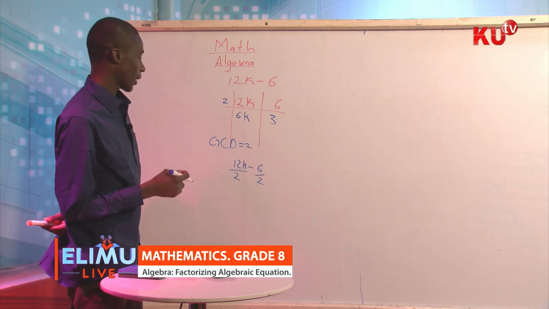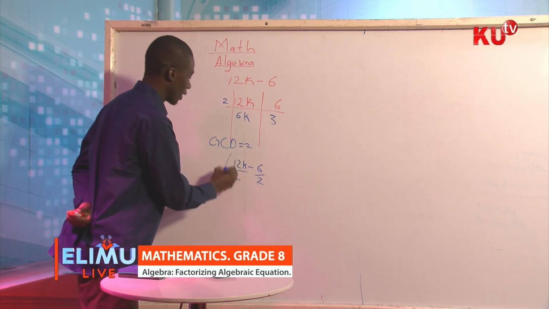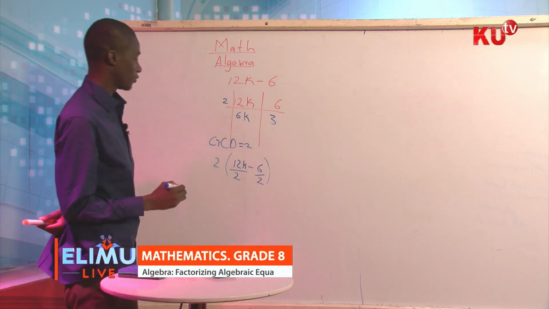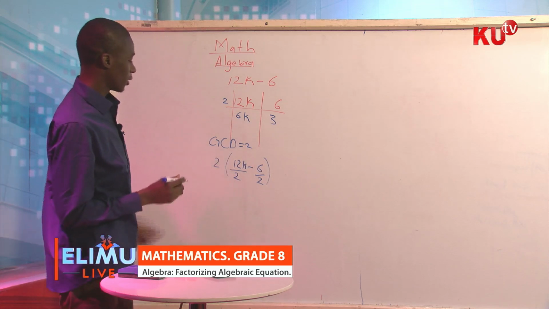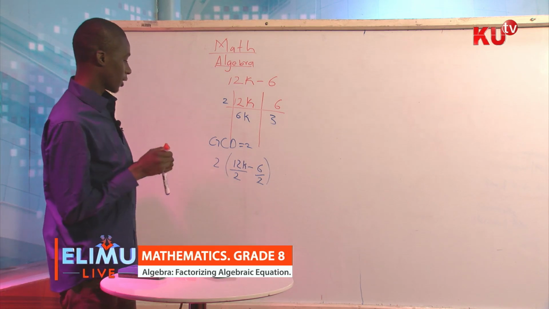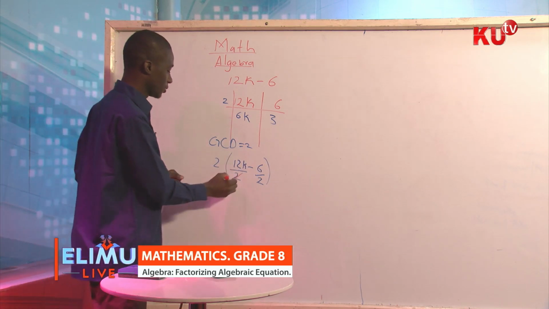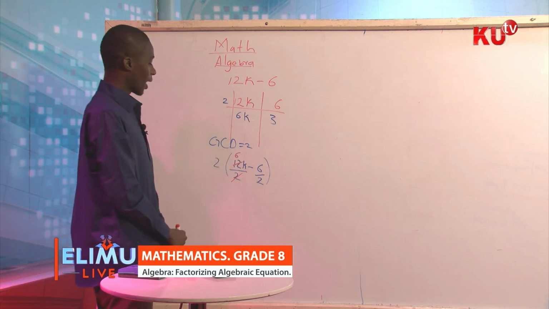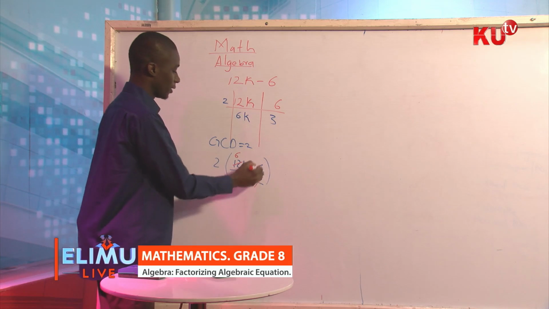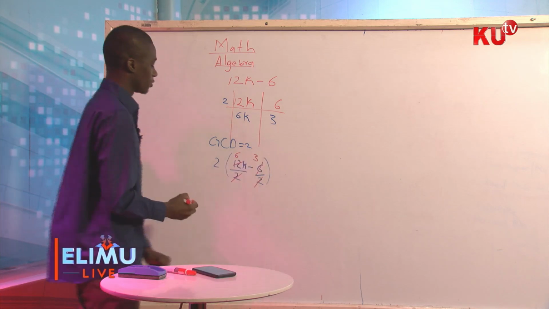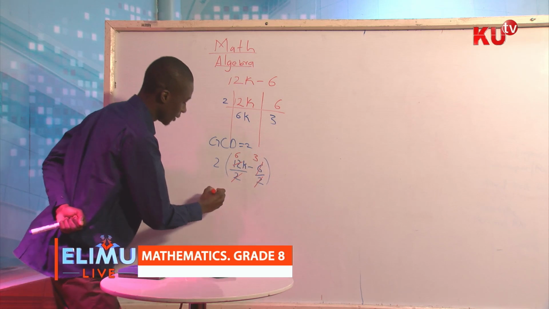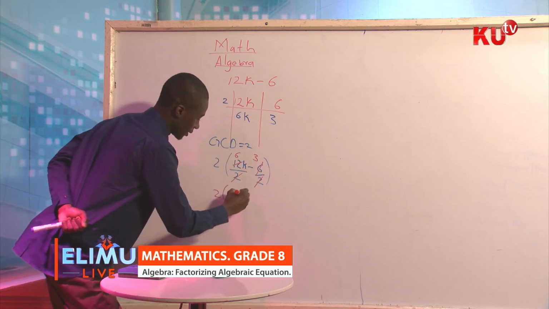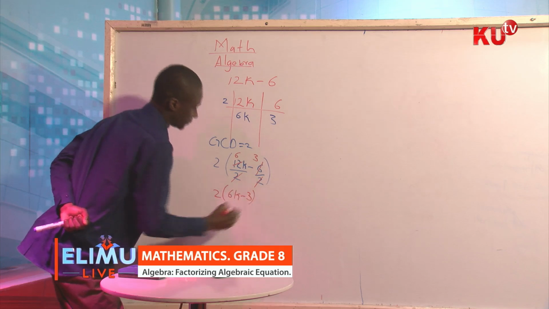So we enclose the expression with brackets and have a 2 as the coefficient. On simplification, the 2 divides the 12 six times, and divides the 6 three times. Your final expression is 2 into bracket 6k minus 3.